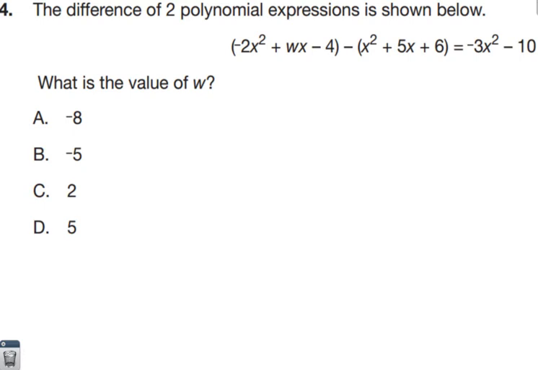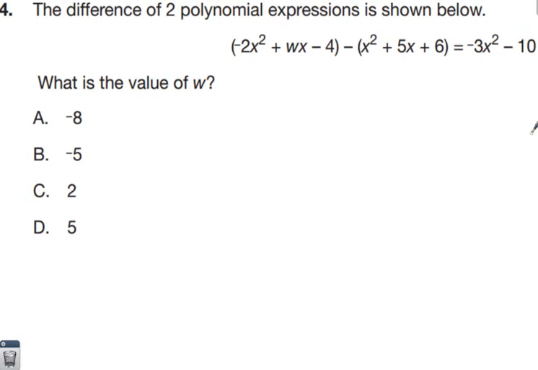So here we go. Here's how you could do it, the fancy way. You could extend all this out, simplify, combine like terms, and see how all of this would end up matching.